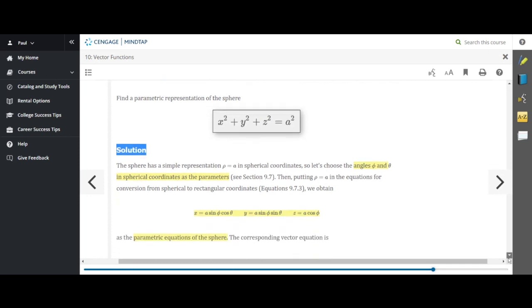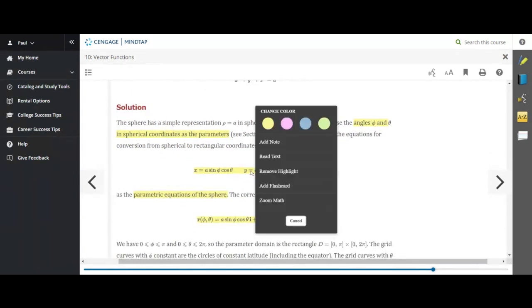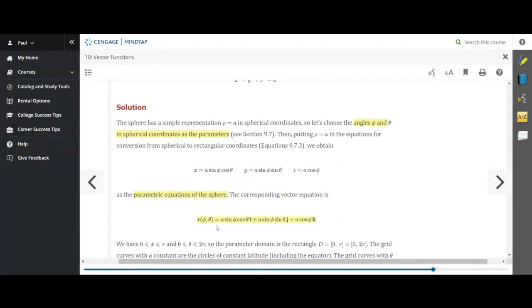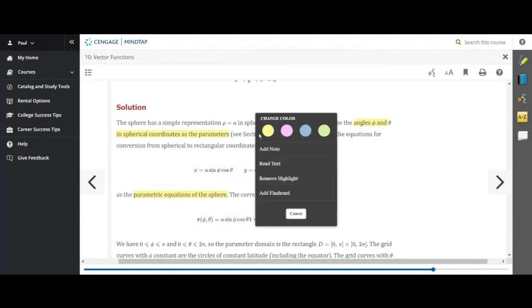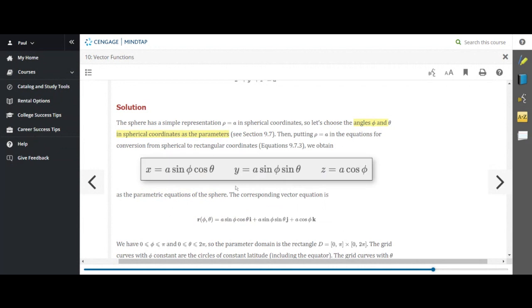We could use spherical coordinates, because the A is a constant. But if the A is set constant, then with spherical coordinates, you have the other parameters, angles theta and phi.